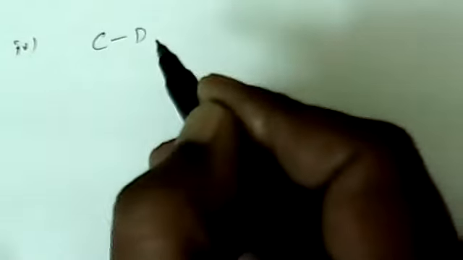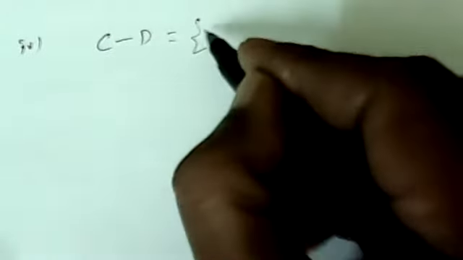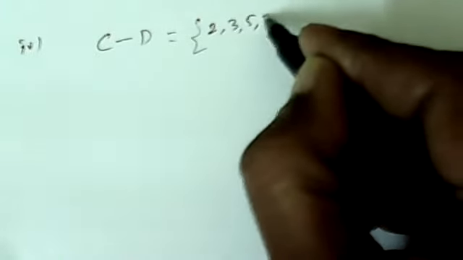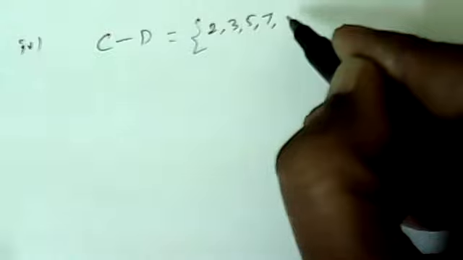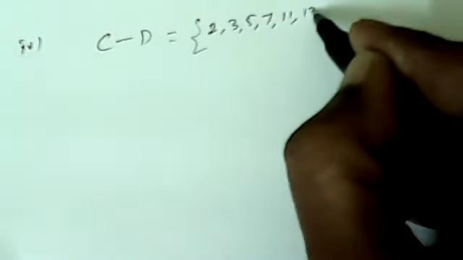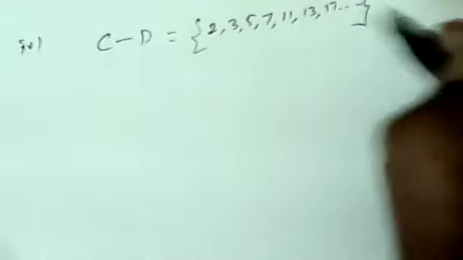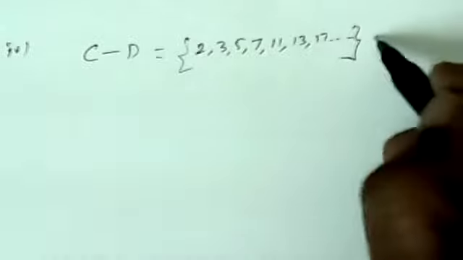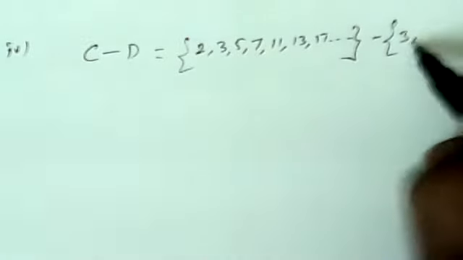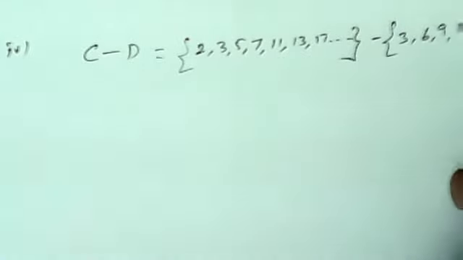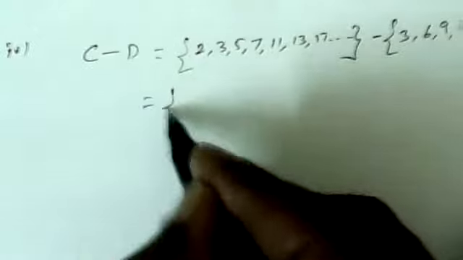What we have next is C minus D. C is the set of all prime numbers: 2, 3, 5, 7, 11, 13, 17, and so on; 9 is not a prime number. Minus multiples of 3: 3, 6, 9, 12, 15, and so on.